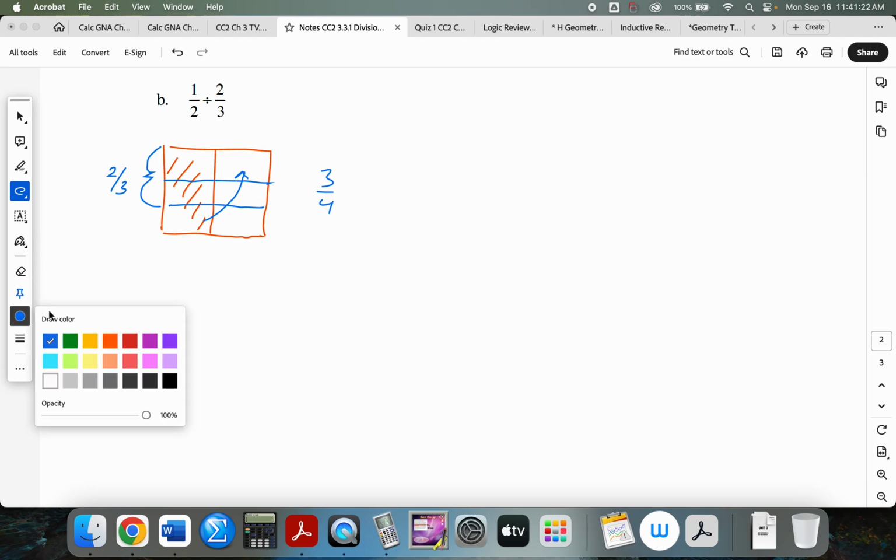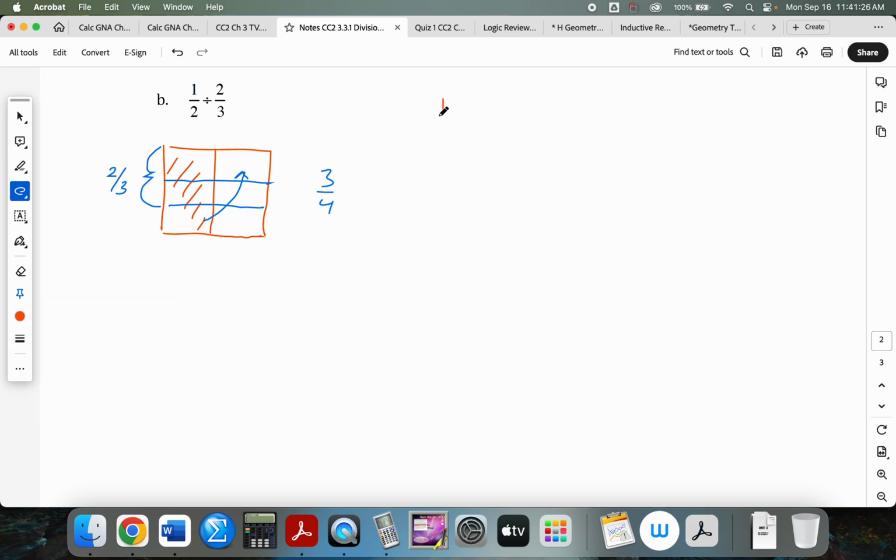Let's do it the other way. So it's 1/2 divided by 2/3. It's the worst 3 ever. For my supergiant one, I'm going to use the reciprocal of what's in the denominator. So I'm going to multiply top and bottom by 3/2 over 3/2.